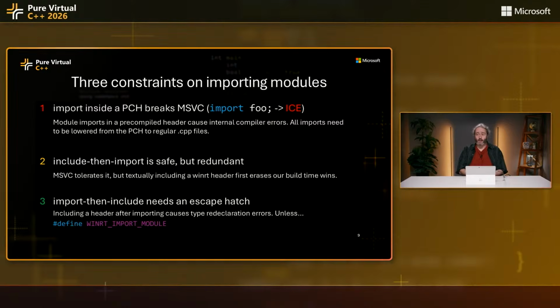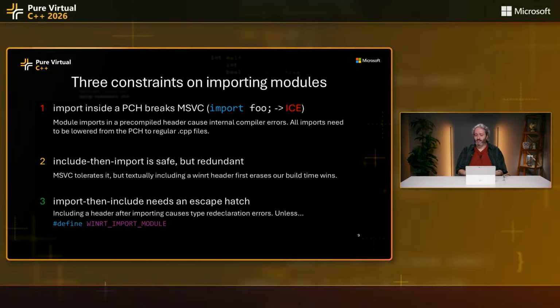First thing I found was, I was like, okay, let's change all these #includes into imports. Great, build. And I immediately got a compiler ICE, internal compiler error, in other words. Doing imports inside of a precompiled header doesn't work. On further reflection, this does seem like an anti-pattern. I doubt that the Visual C++ team is ever going to officially support that. I don't see why they would.